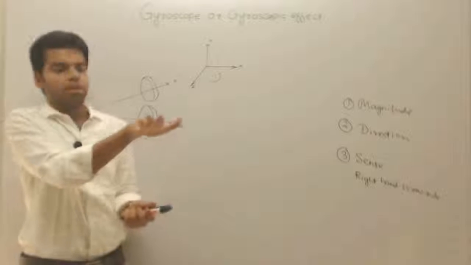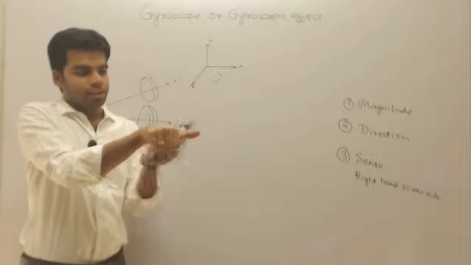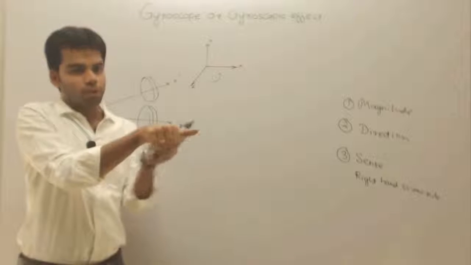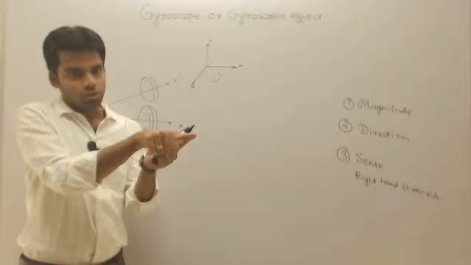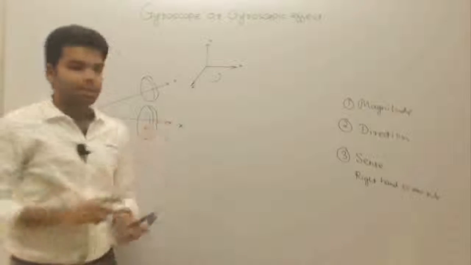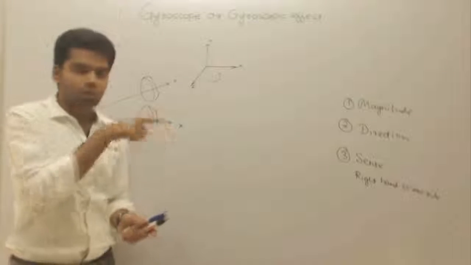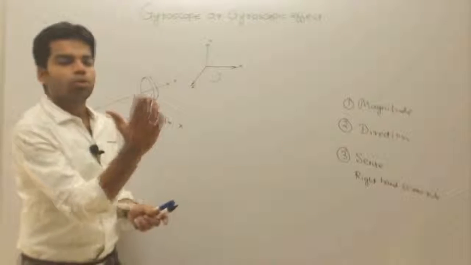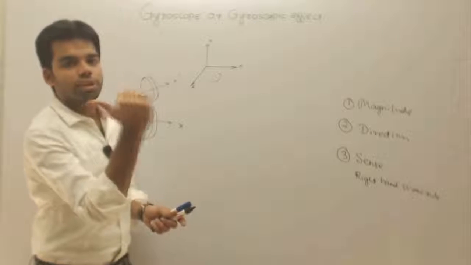That means I am curling these fingers in a clockwise direction. Then the direction in which the thumb is pointing will give me the sense of that vector. Getting this or not? So we have the magnitude, we have the direction which is along this x-axis, and we have the sense along this direction. If this is rotating anti-clockwise, then I have to curl my fingers in an anti-clockwise direction and this will give me the sense.